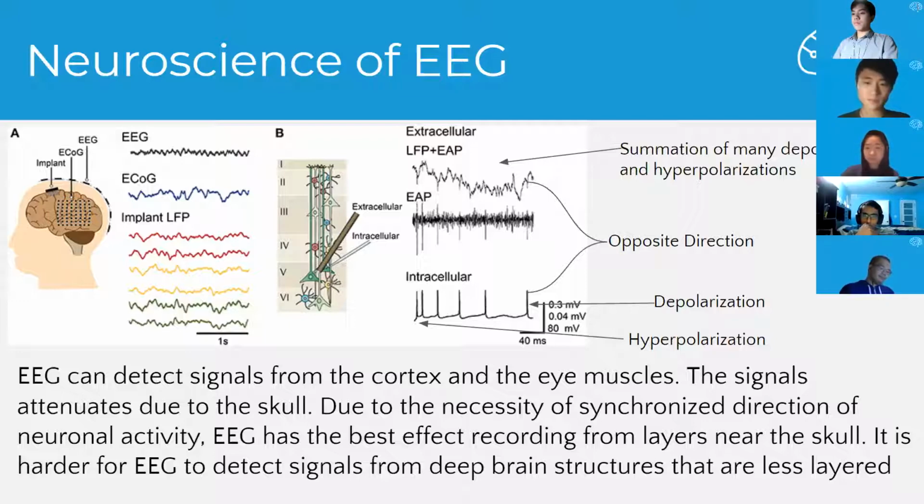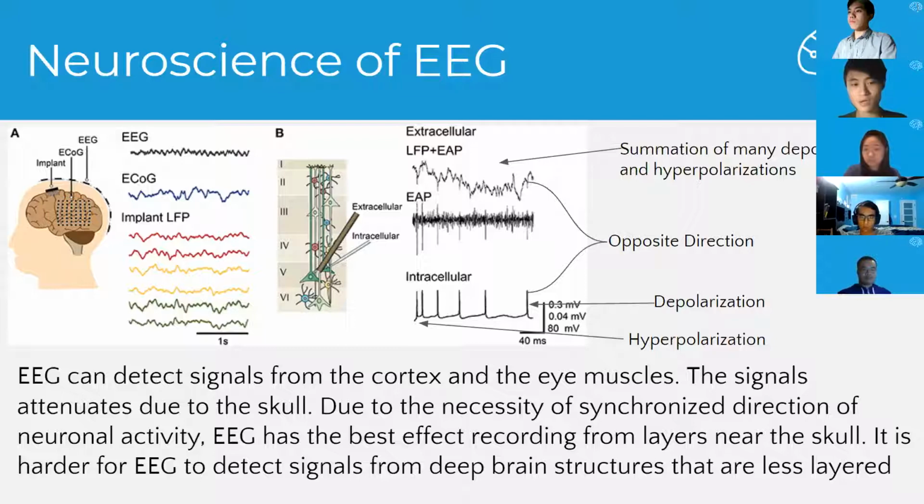So EEG is really best at recording neurons that are near the skull and have this layered structure that makes them all parallel to each other, especially like this pyramidal cell over here.